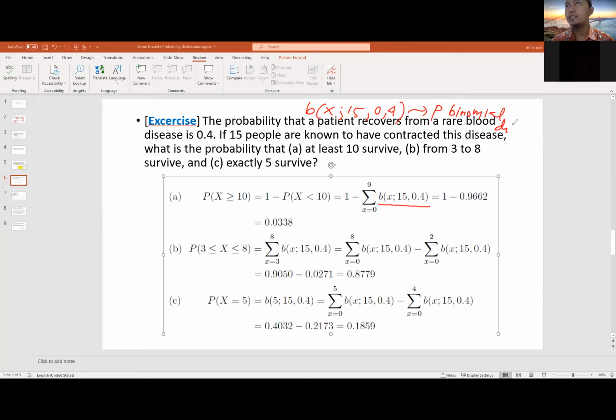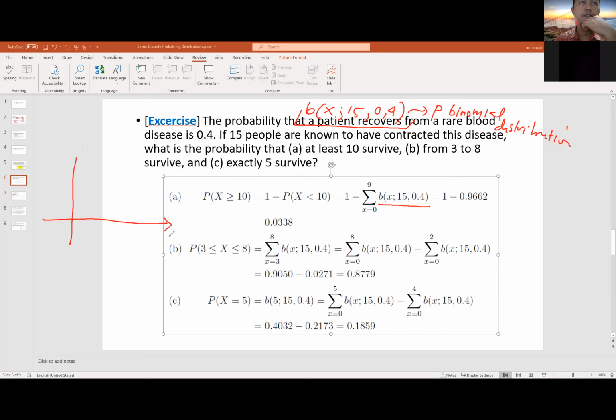What kind of expression is it actually? If we draw this one, can you see, everybody?